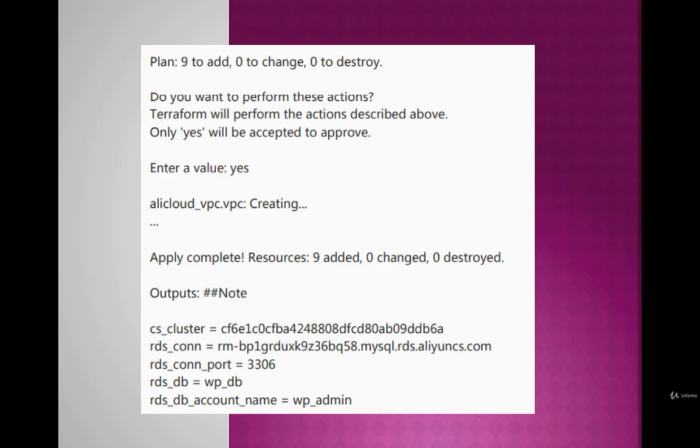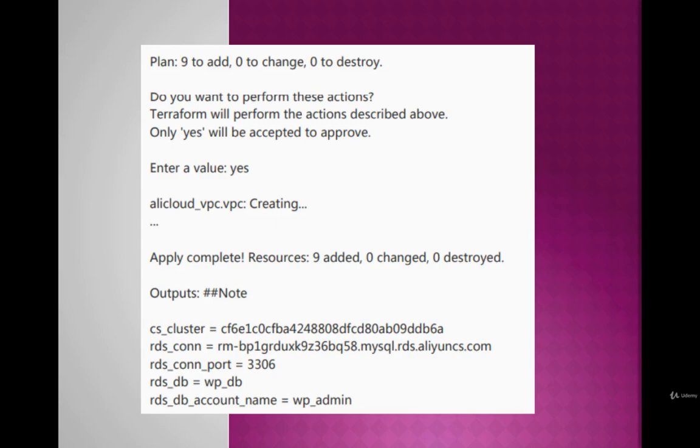And after running the terraform apply command, the output parameters requested in the outputs.tf are displayed. So in the following example, the output parameters are cs_cluster cluster name, connection string RDS, con_port, RDS_db name, and RDS_db account name.